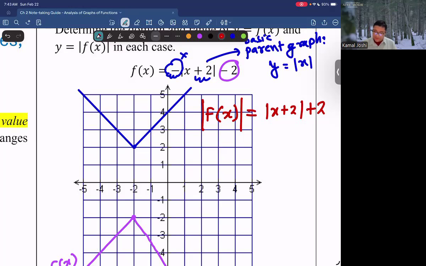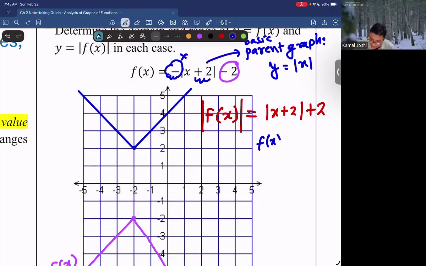And one quick thing I will say here before we go to the next one is, you can also determine this algebraically. If I were to look at the original f of x, minus absolute value of x plus 2, minus 2, I noticed that this whole thing is entirely negative, right? The absolute value makes it non-negative, and then you put a minus sign in front of it, so the first part is negative, and minus 2 is also negative.